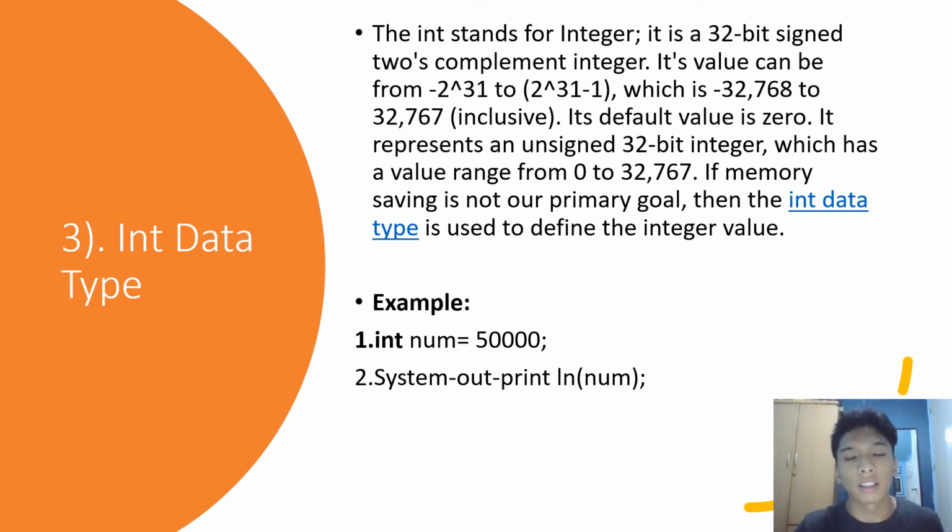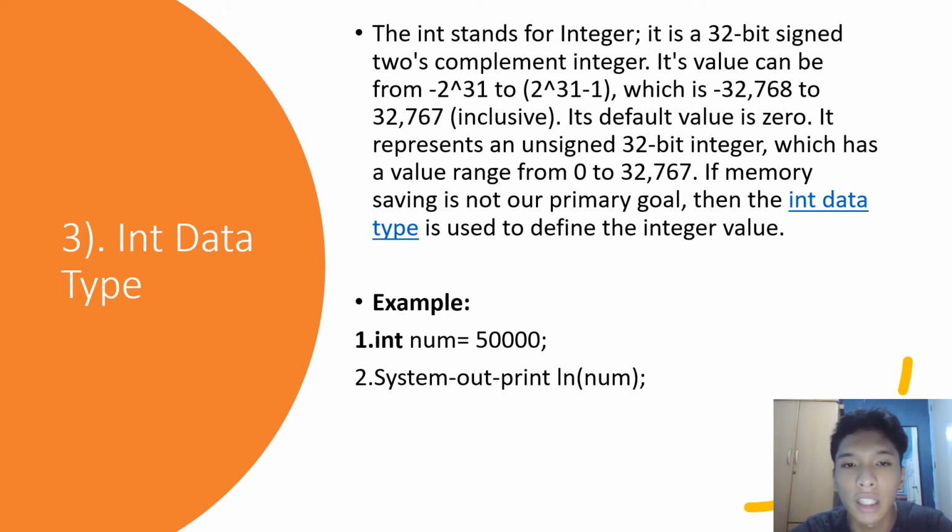The int data type. The int stands for integer. It is a 32-bit signed two's complement integer. Its value can be from -2^31 to 2^31 minus 1. Its default value is 0.